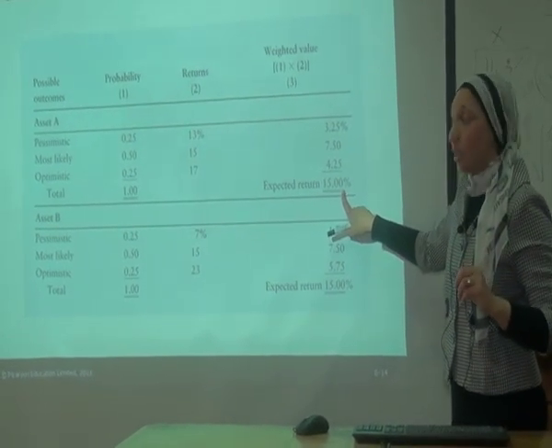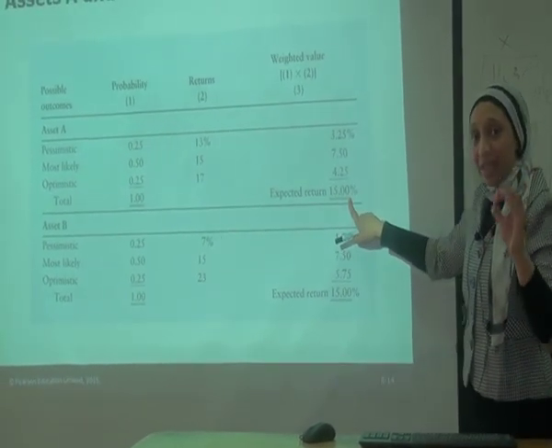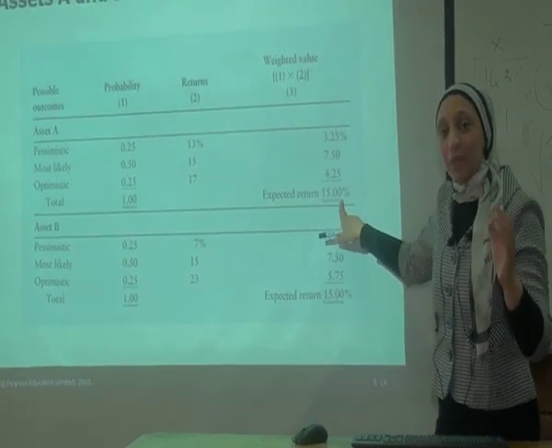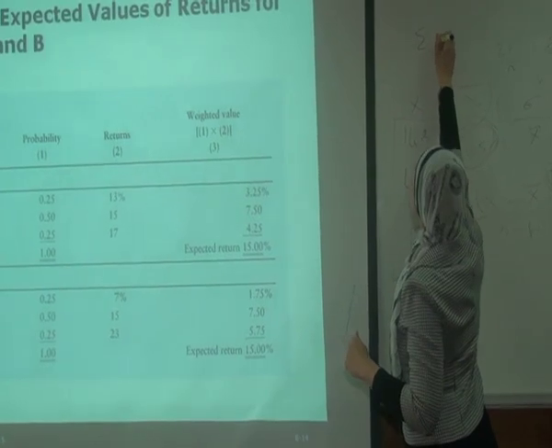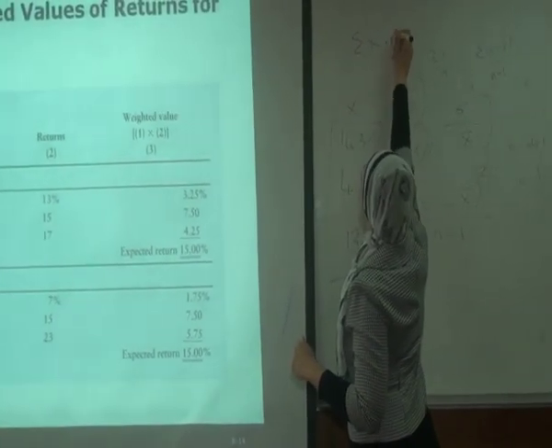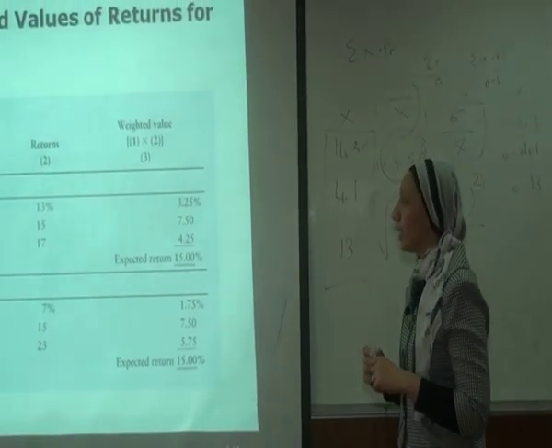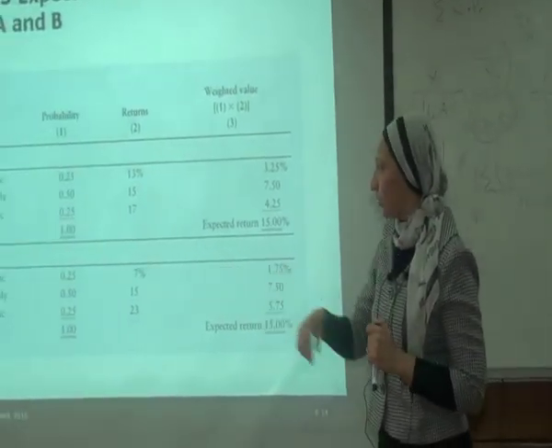This is the average return of the stock. So here, to get the average return of a stock that has different scenarios, you need to calculate it as follows: summation of return multiplied by probability.